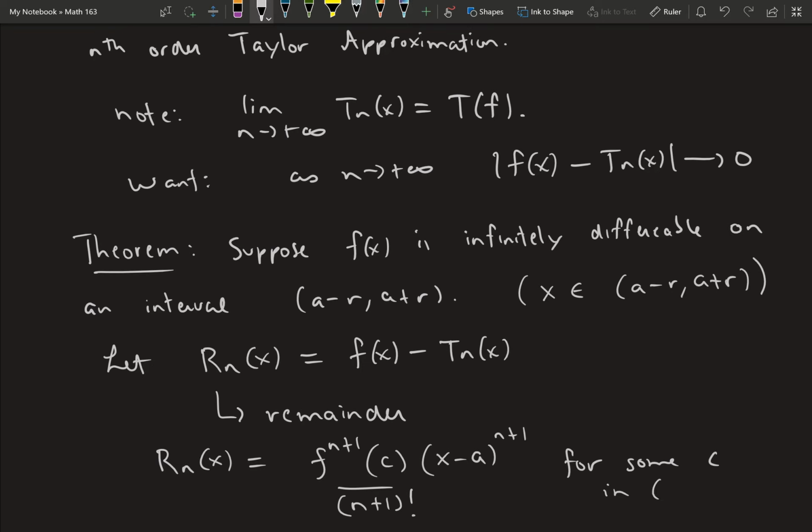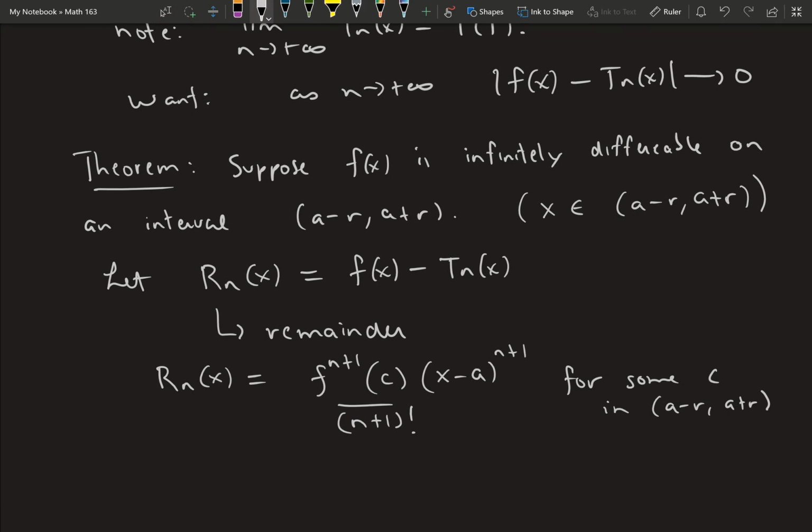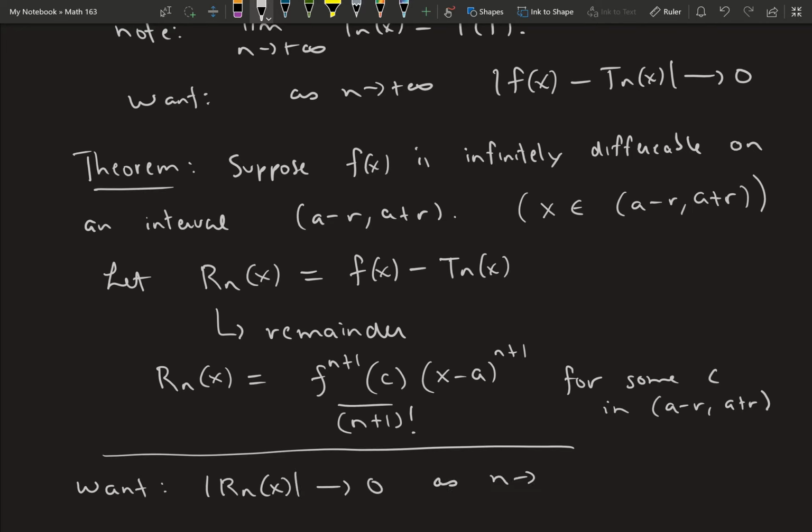Okay, so this remainder actually depends on some c which is located somewhere inside that interval. So that's what the theorem says. What we want then is that the absolute value of R n of x goes to 0 as n goes to infinity.